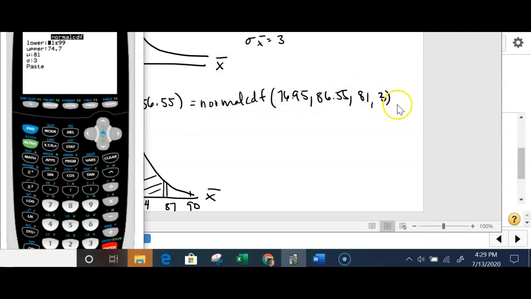And just as a note, this one was a really nice standard deviation, but if it was a complicated one, like a decimal, you can just type in the formula. So you can have 76.95 for my lower, 86.55 for my upper, mean 81. And if you wanted to, you could have put 24 divided by the square root of 64.